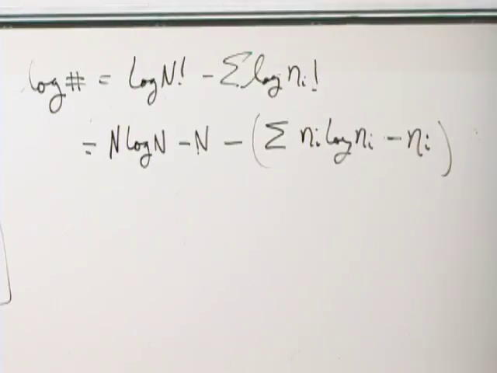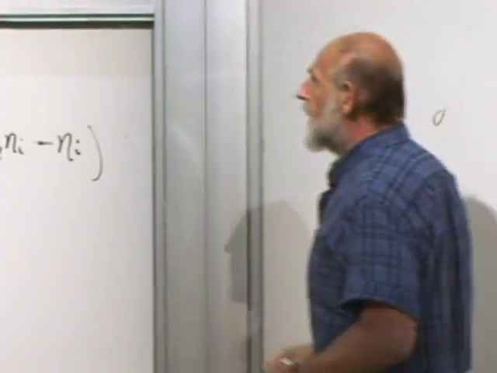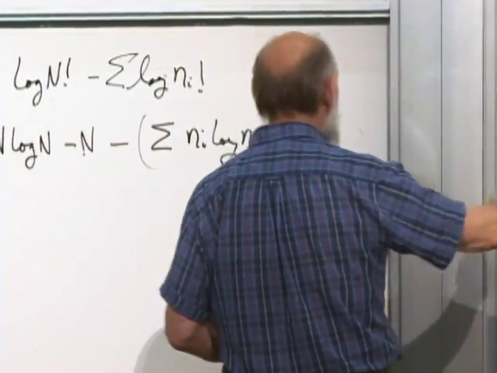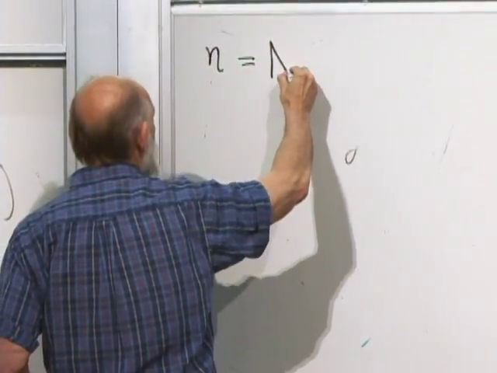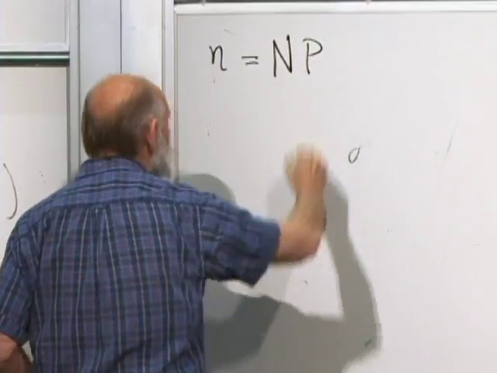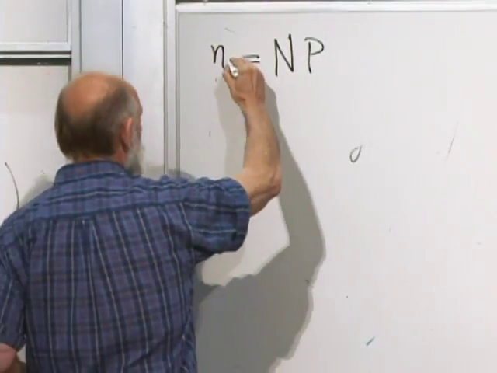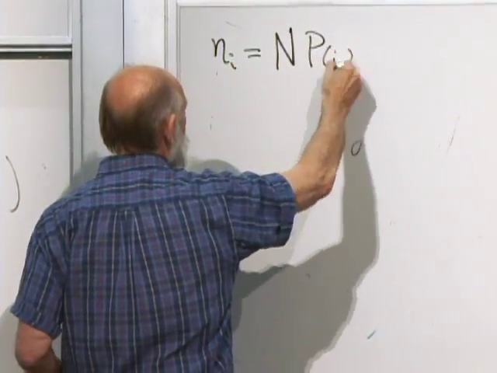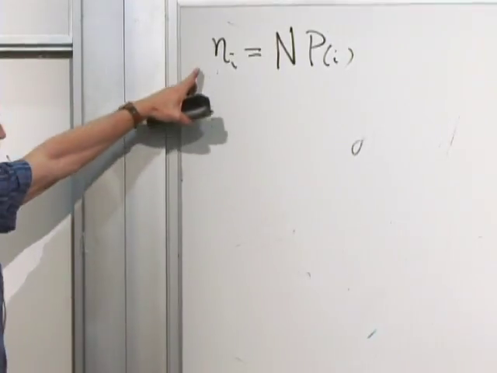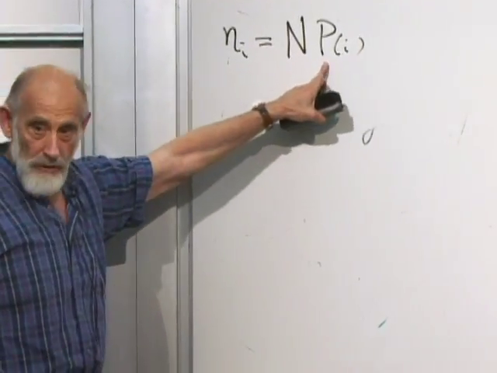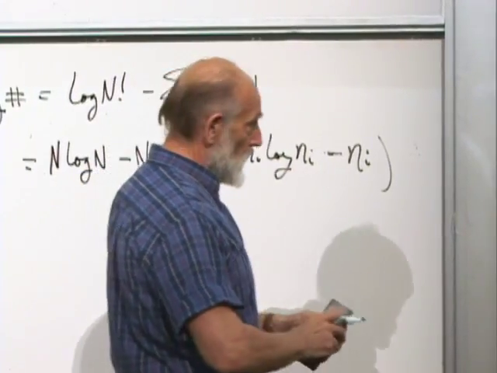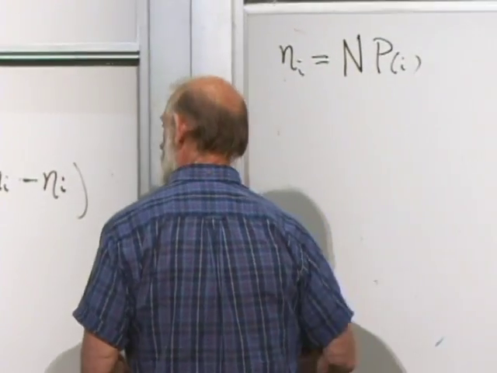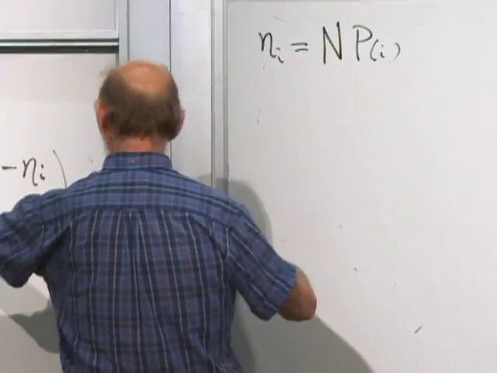The work that I'm going to do with it is very simple. I'm going to simply substitute that n sub i is equal to capital N times p sub i for each i. That's the same as saying n sub i over capital N is p sub i. I'm just going to plug that into here and grind it through. It's quite easy. So let's take the thing in the brackets.